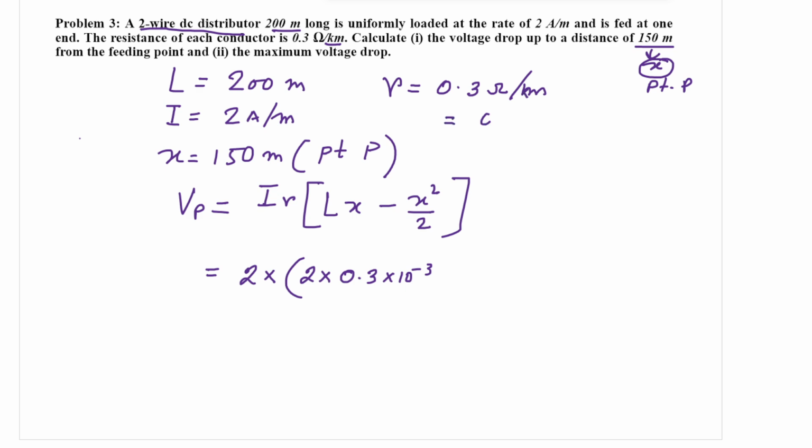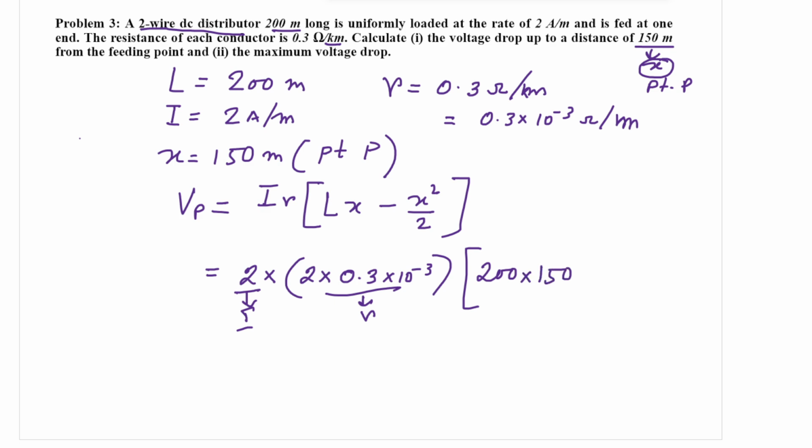So in order to bring it to ohm per meter, you should multiply it with 10 to the power minus 3. So this is I, and this is R. Now L is 200, X is 150 minus 150 square by 2. If you solve this, you will get Vp is equal to 22.5 volt.